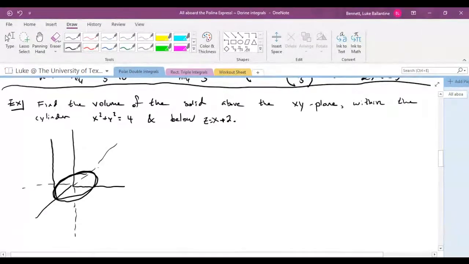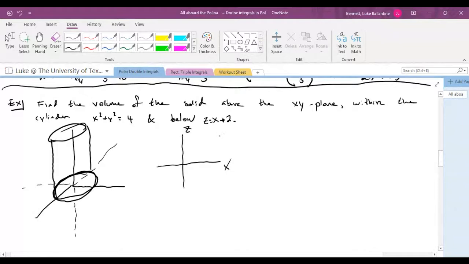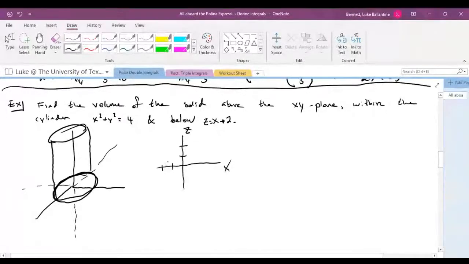We have a cylinder above the xy plane, right? We drew the xy plane, and then z equals x plus 2. Well, what is that? We have x, we have z. Z equals x plus 2, so that would be 1, 2, 1, 2.